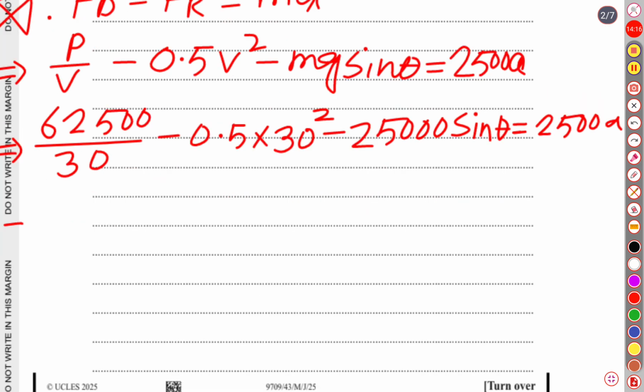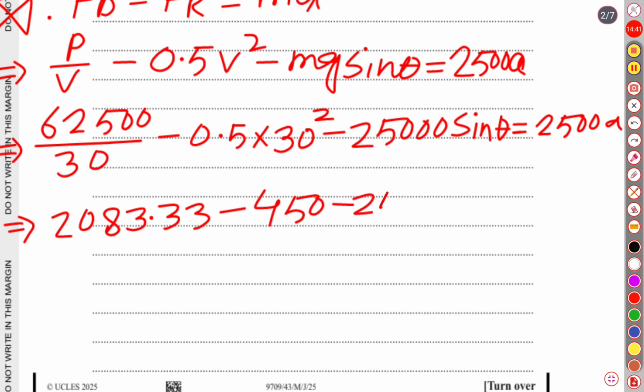After simplification we get 2083.33 minus 450, half of 900 is 450, minus 25,000 sine theta, equal to 2500 times acceleration.